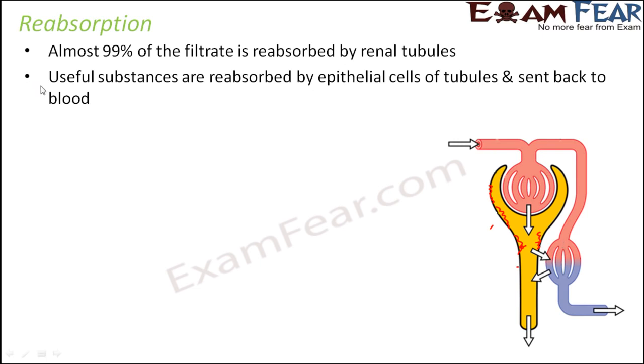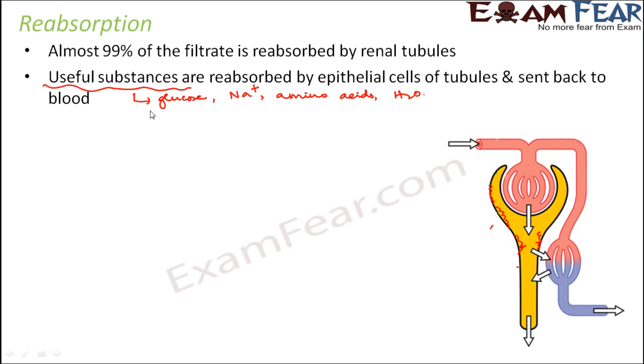Now, what do I mean by useful substances? Useful substances can be glucose, sodium ions, amino acids, and also water. We want to throw out only the excess water, but if the body still needs some amount of water, then some of it can be absorbed from this filtrate.